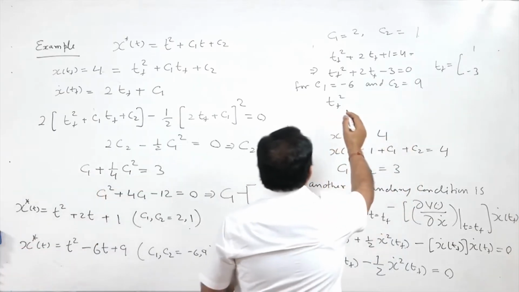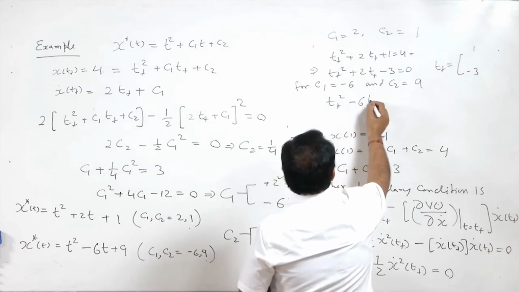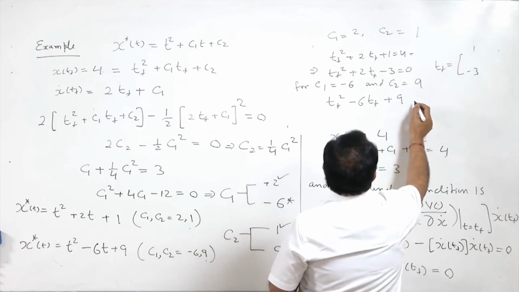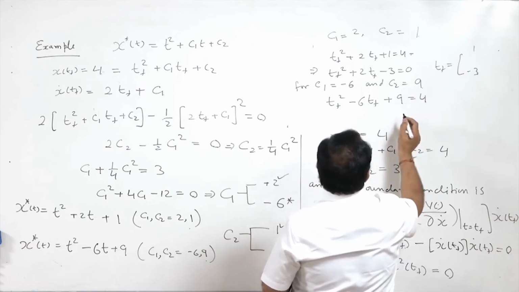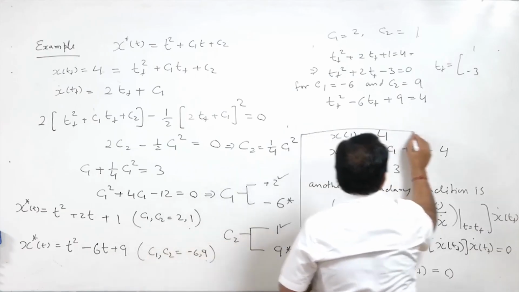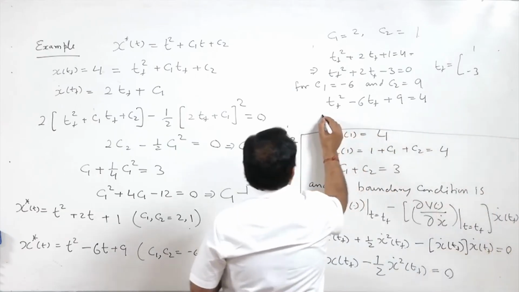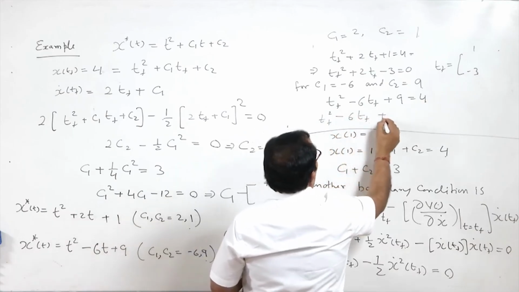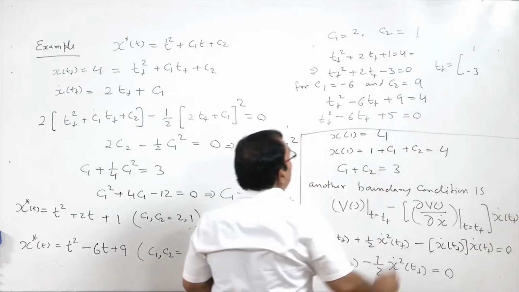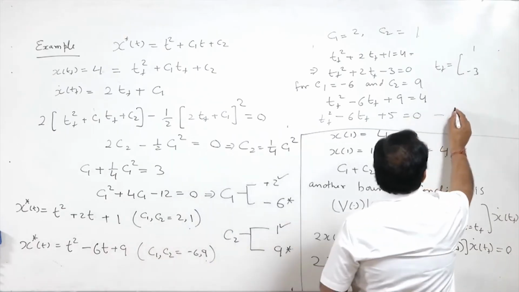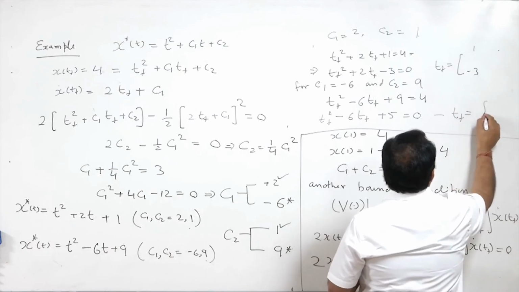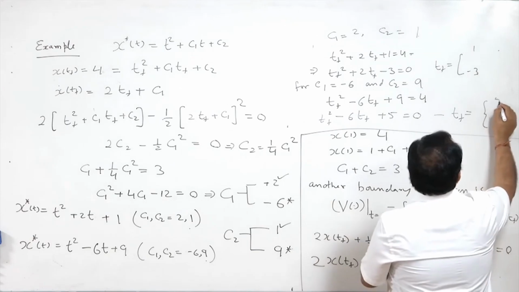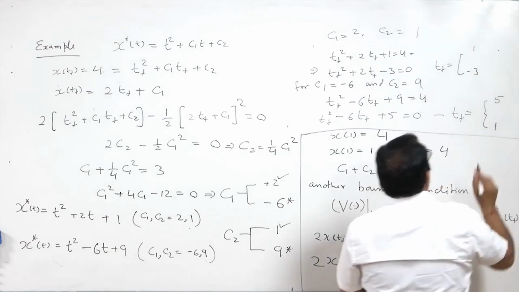With C1 as minus 6, this is TF square minus 6 TF plus 9 equal to 4, or simply TF square minus 6 TF plus 5 equal to 0, and this gives me TF equal to 5 and 1.